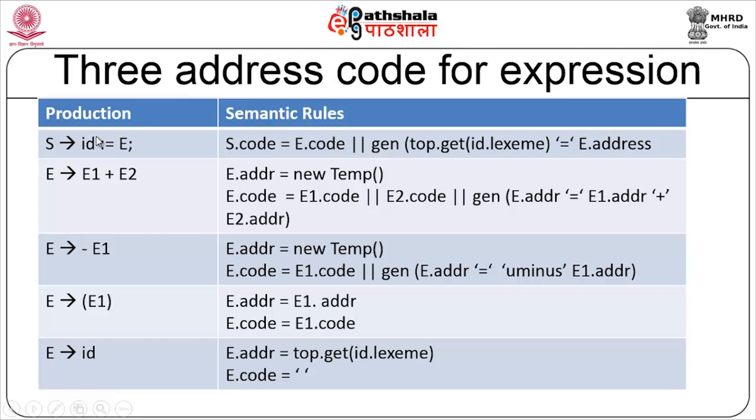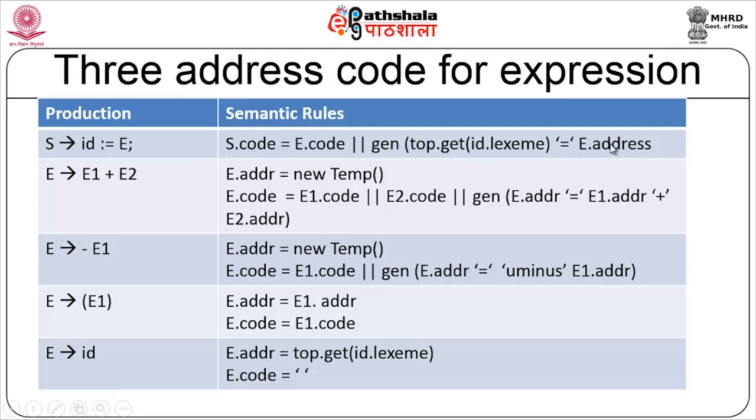So S dot code, that is, the LHS non-terminal's code, is nothing but: you first generate E dot code, followed by gen, which indicates generate. Generate top dot get of ID dot lexeme, so that you get the ID as it is, and then equal, which I put in quotes because it is a literally used value, and then E dot address.